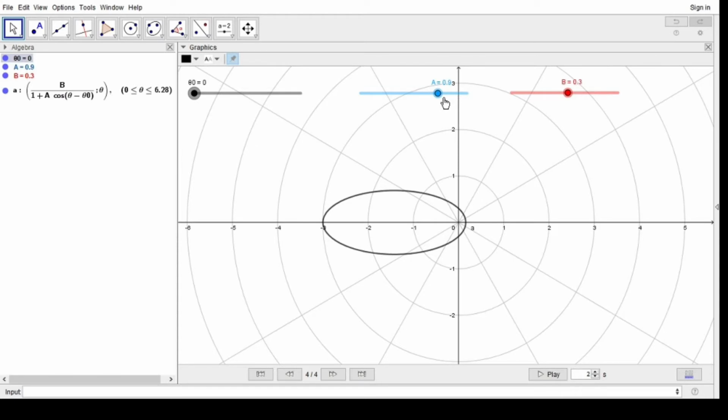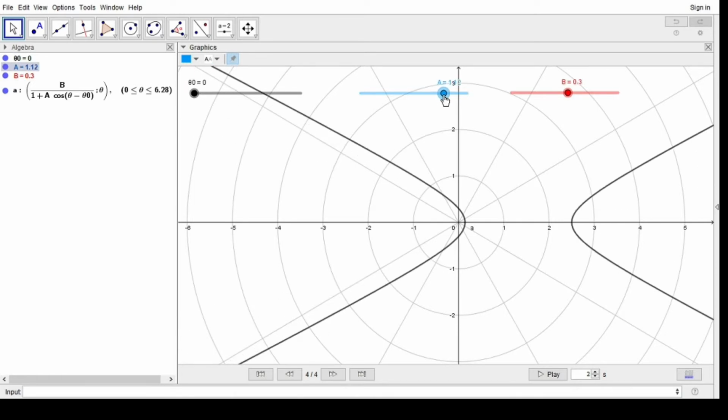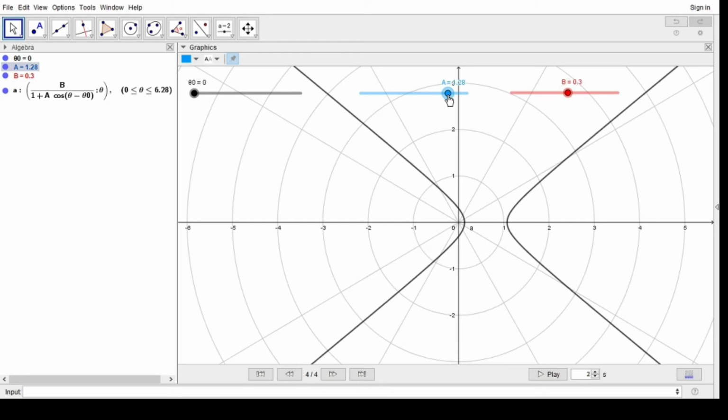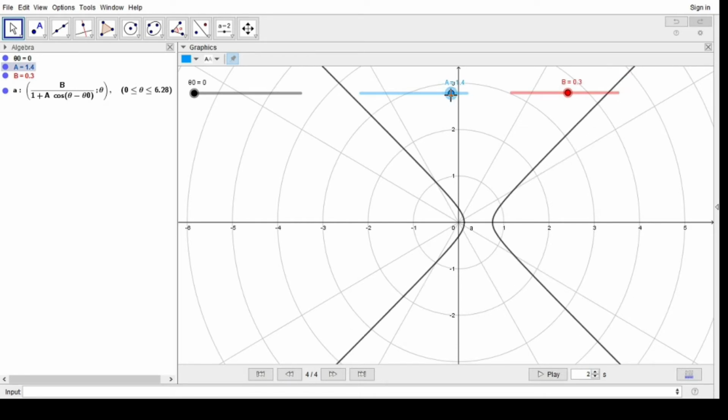And so now let me go back to the a. So I said when a gets up to 1, the orbit is parabolic. And then beyond that, it's a hyperbolic orbit. And so you can kind of see as I get to larger and larger values of a, the orbit becomes a hyperbola. And so all of these things, hyperbolas, parabolas, ellipses, and circles, are all legit orbits for the solution to a central force that goes as 1 over r squared.